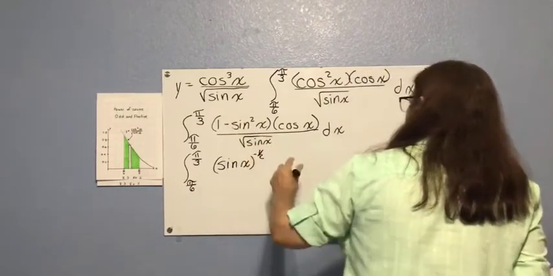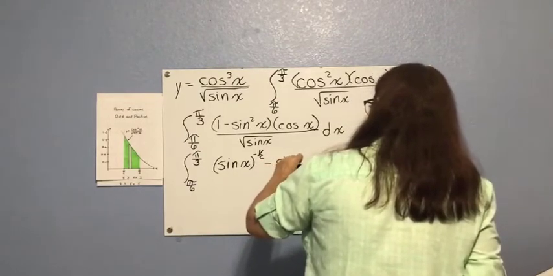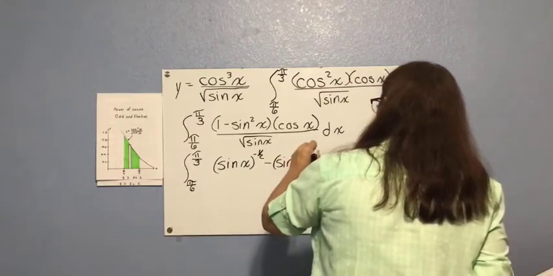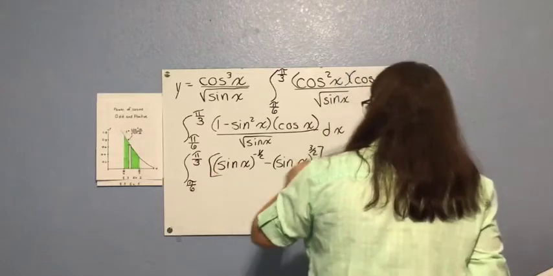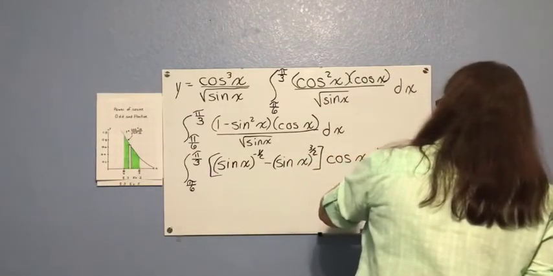And then this divided by that will give us sine x to the 3/2 power times cosine x dx.